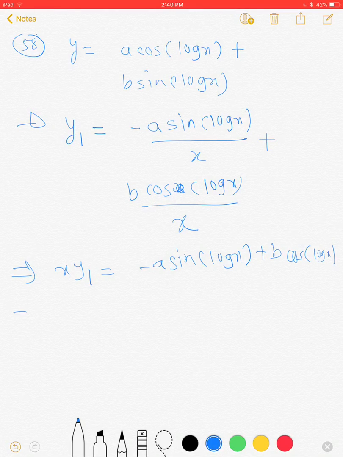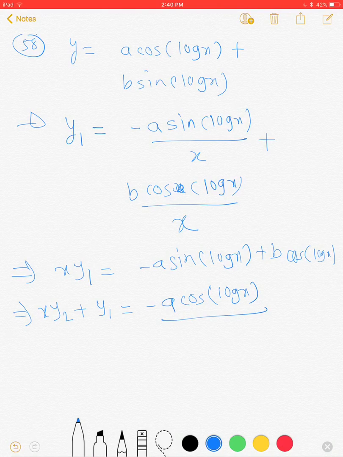If we differentiate this function again, then by using the product rule, first into derivative of second plus second as it is into derivative of first, where the derivative of x is 1. So this becomes x y2 plus y1, and on the right, a is constant, the derivative of sin is cos, so this becomes cos of log x, and the derivative of log x is 1 by x, plus b is constant, the derivative of cos is minus sin, with log x as it is, and the derivative of log x is 1 by x.